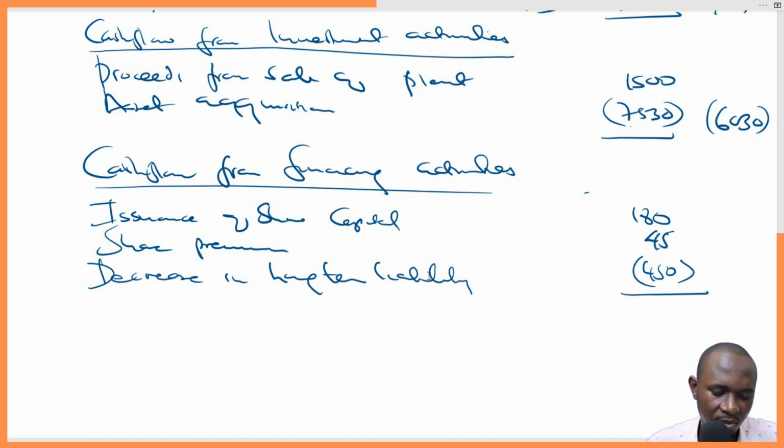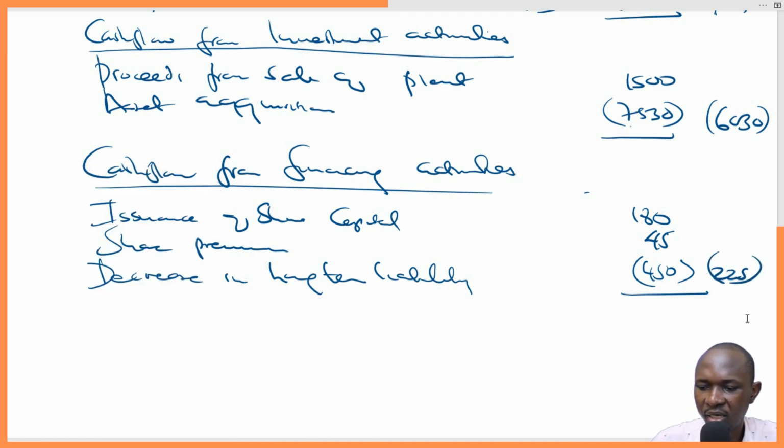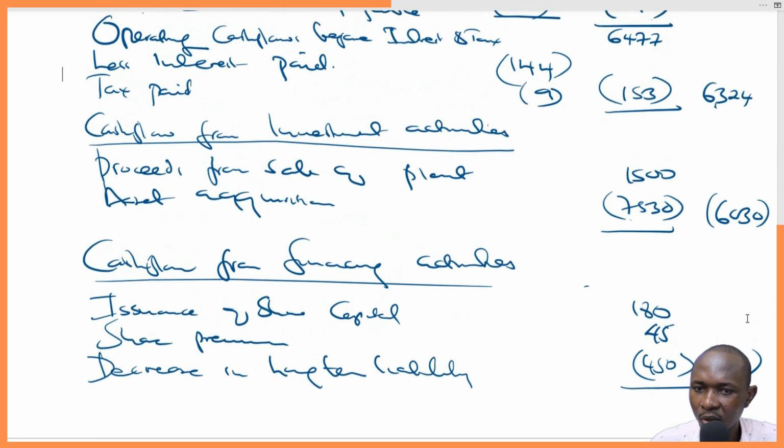So 180 plus 45 minus 450. That gives us 225. So 225 credit. So now we are good to go.